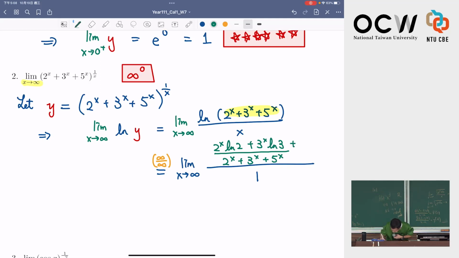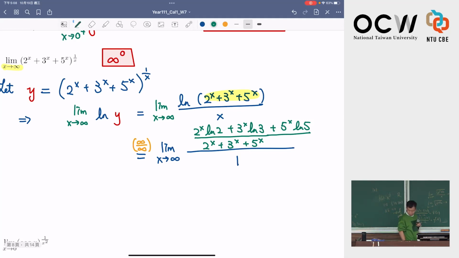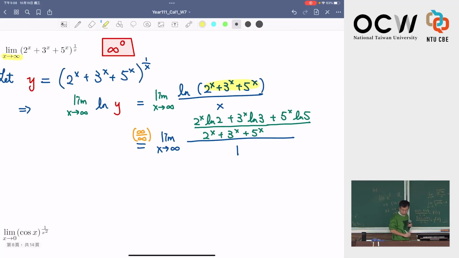Differentiating 5 to the x, you get 5 to the x log 5. Firstly, when you divide by 1, nothing happens, so you can forget about it. So you're really dealing with x go to infinity of this nasty limit.